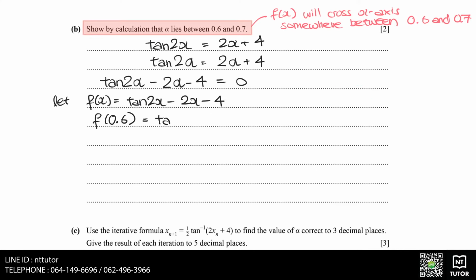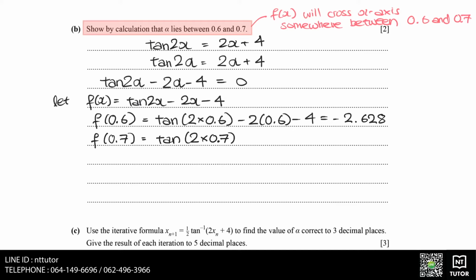So if we substitute 0.6 into the function, we get minus 2.628. And if we substitute 0.7, we get 0.398. And as you can see, one of them is negative and one of them is positive.